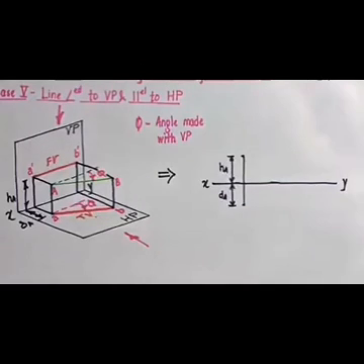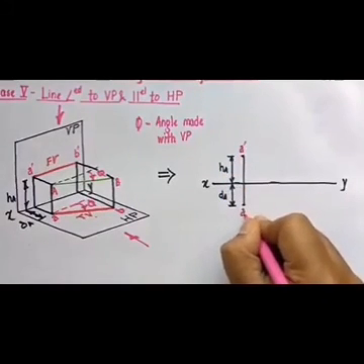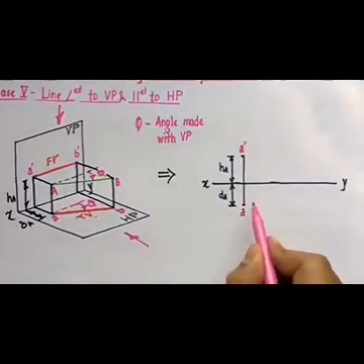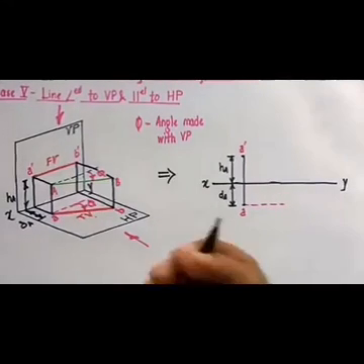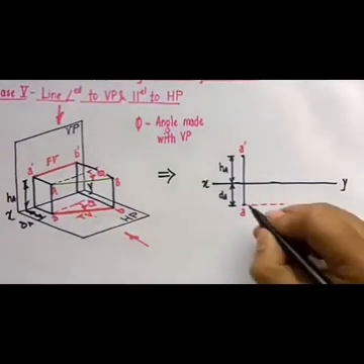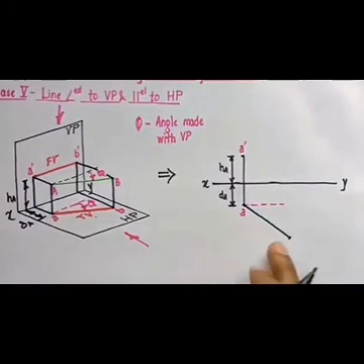With H you need to put a dash, so this is going to be A dash. With D you don't need to put a dash, and then we have this angle over here. Alright, so I'm going to draw this true length at a certain angle, and that angle in fact is phi. So this is the top view.